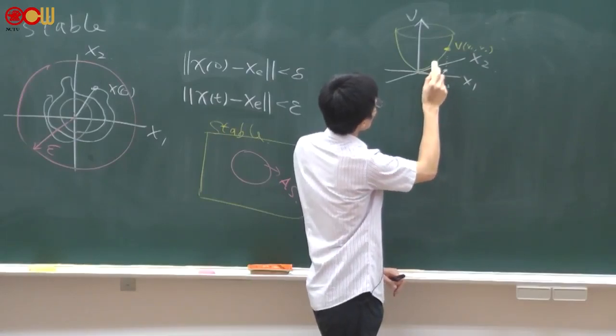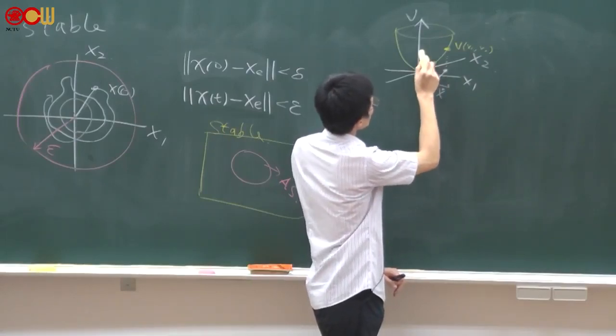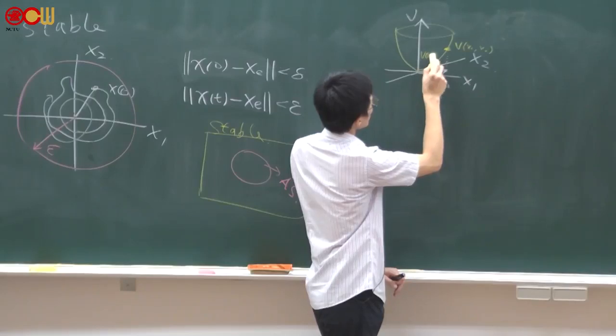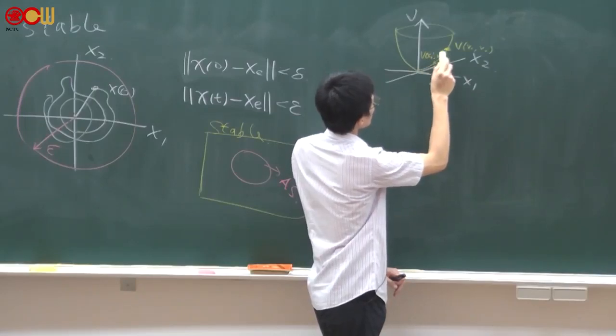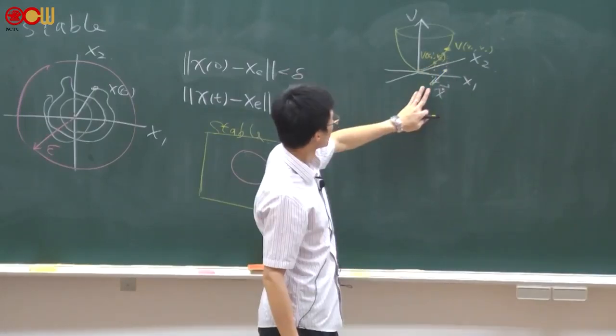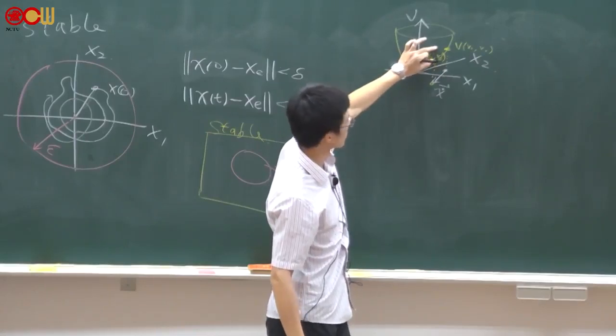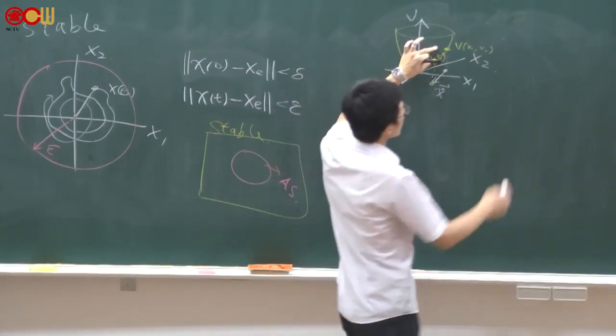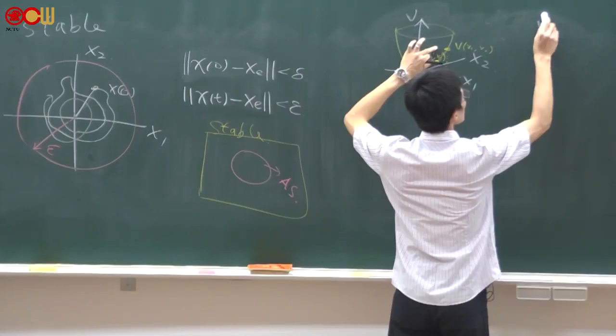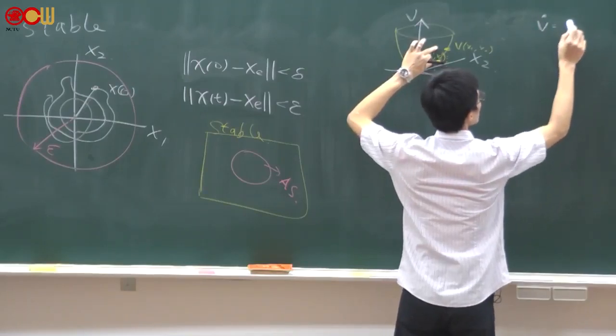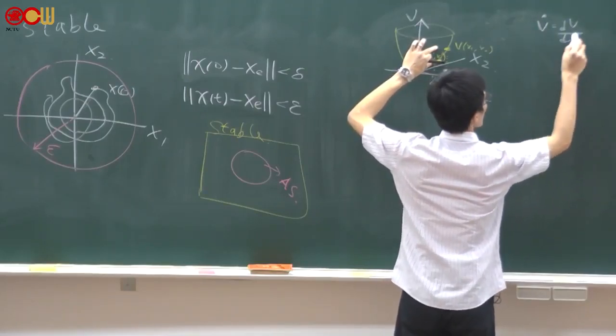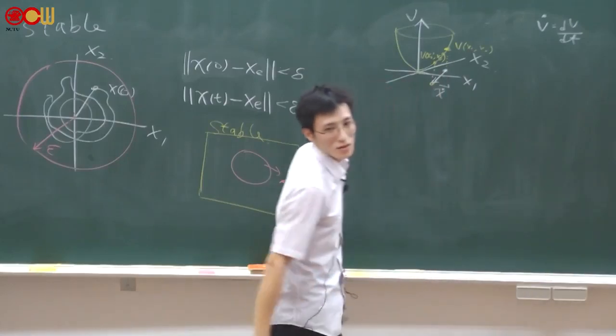When you move to here, it's another value V(x1', x2'). So how do you define the change of V? With respect to time, the change of V is V dot, right?